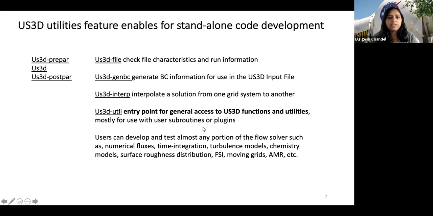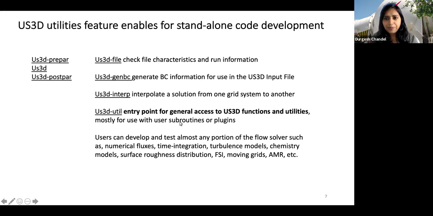And then the last and most important subroutine is US3D util, or the utilities, which is an entry point for general access to US3D functions and utilities. So if you want to define your own numerical flux scheme, time integration scheme, turbulence model, or chemistry model, or you want to call another solver within US3D, which we mainly do in fluid structure interaction problems, that all can be done from the US3D util.